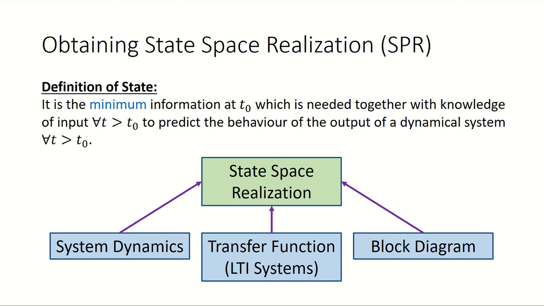Next, from where can we obtain state space realization? If you already have a transfer function, and this works only for LTI systems of course, you can construct a state space realization from that transfer function. So this is also something very important and we will look into. Another way we can come to state space realizations is through block diagram representation.